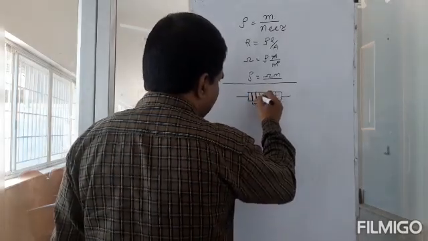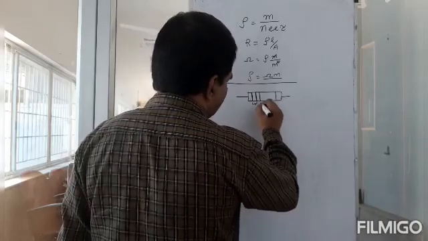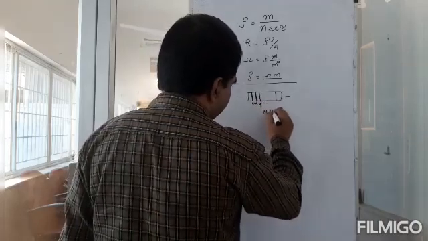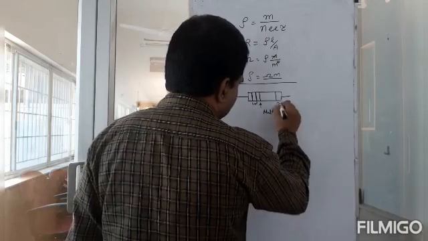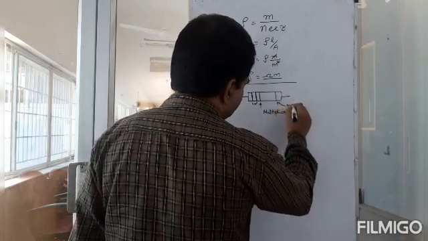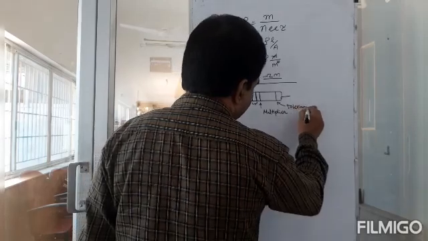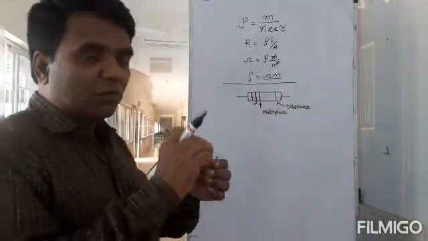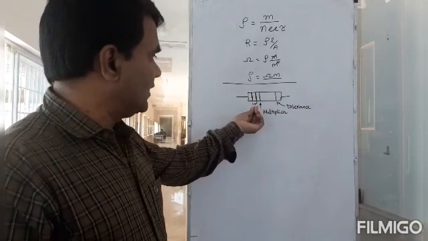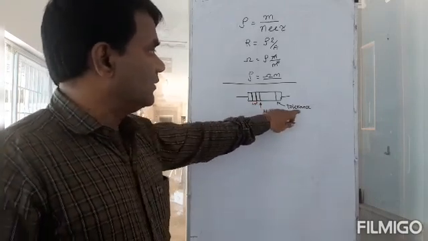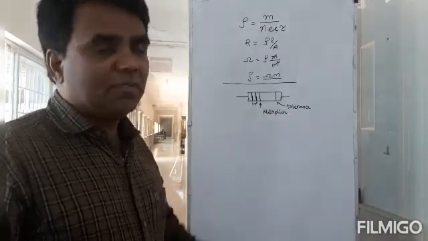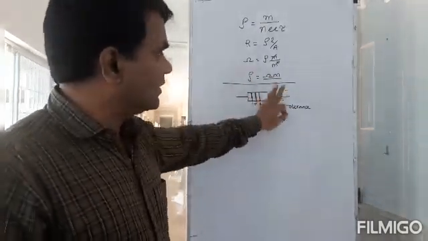The third one is called the multiplier, and the fourth one is the tolerance. So there are 2 significant lines, then a multiplier, and then the tolerance level.